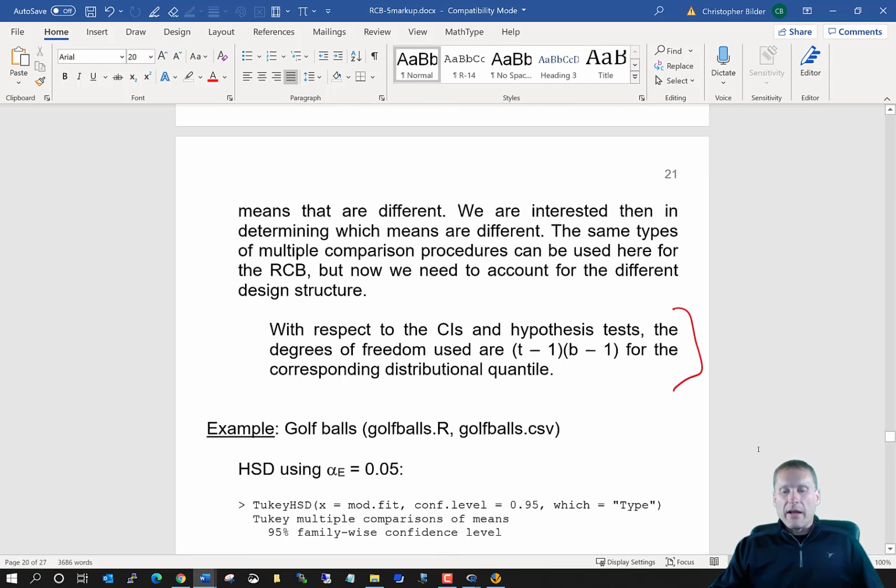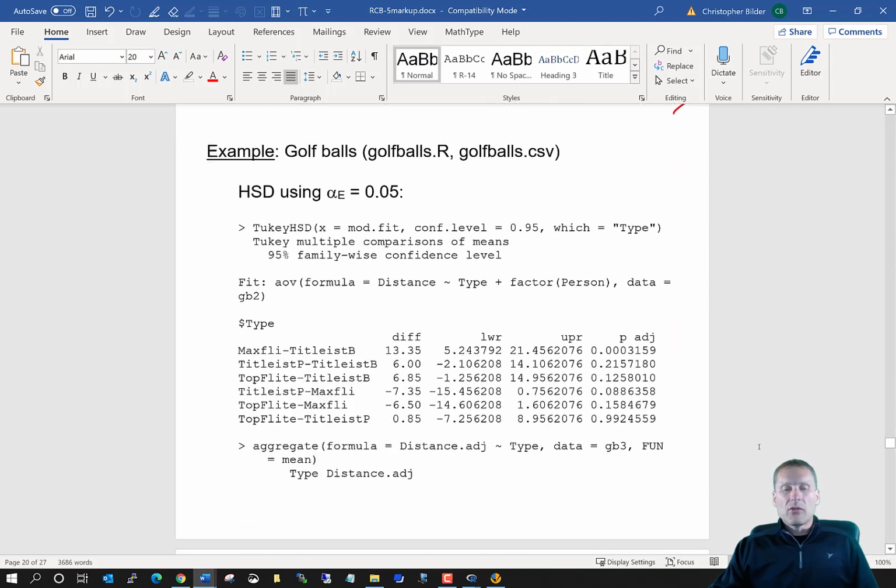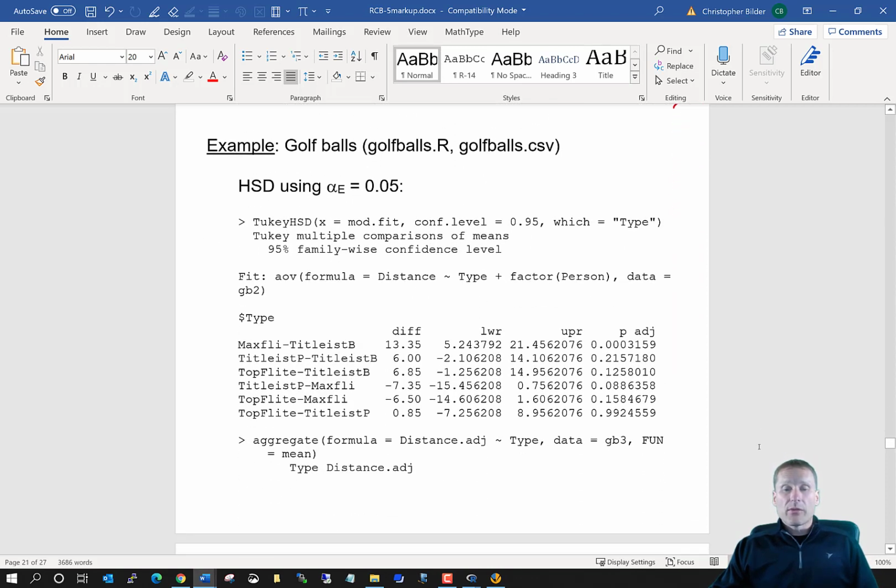Because of that, we can jump right into looking at this with respect to the golf balls example. Let's say we use Tukey's HSD, and I want to set an overall experiment-wise error rate of 0.05. How can I do this? Well, I use the exact same function as before, Tukey HSD.